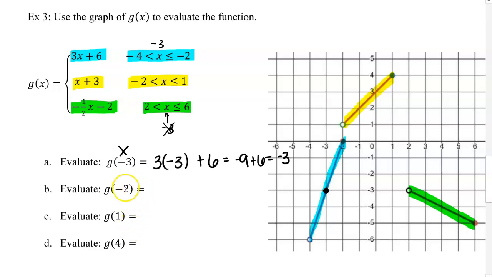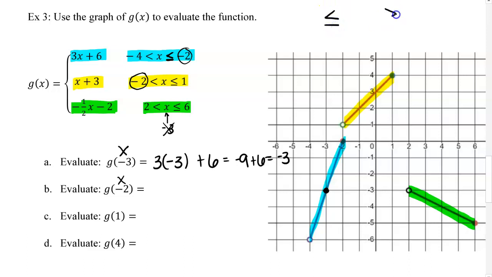Next I have when x is negative 2. When I look at my potential options here, a value of negative 2 I see in the yellow equation and the blue. When we see this number listed twice, you want to substitute negative 2 into the equation that has the symbol that is including that value.